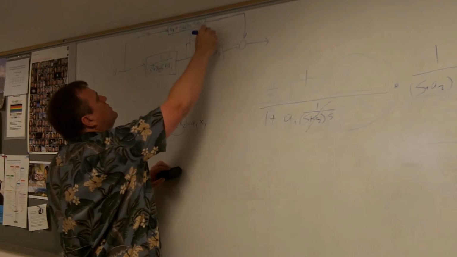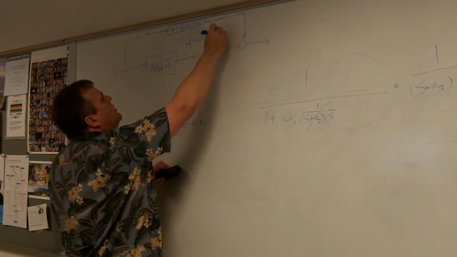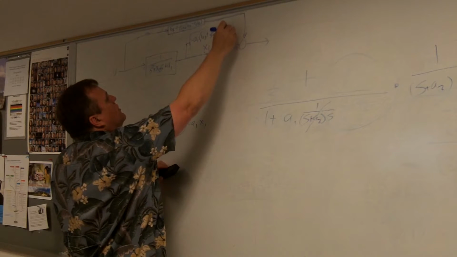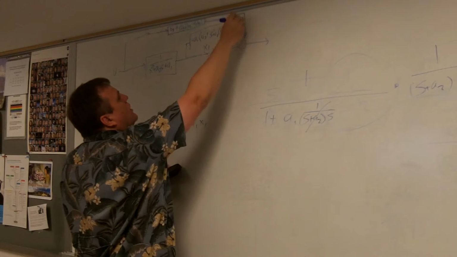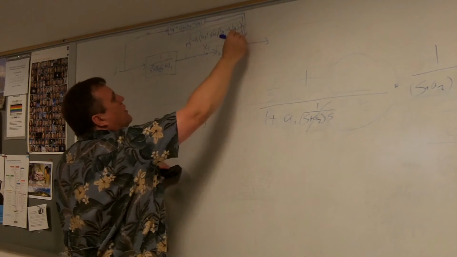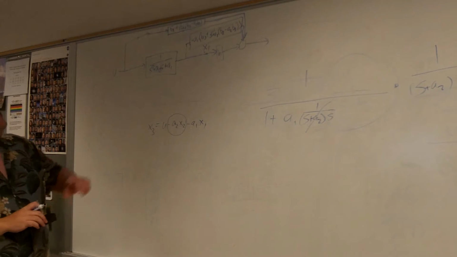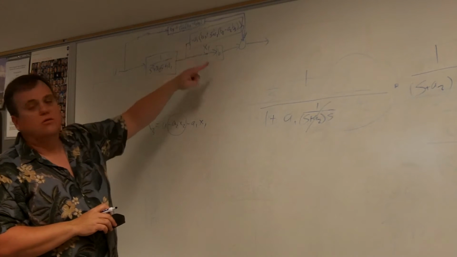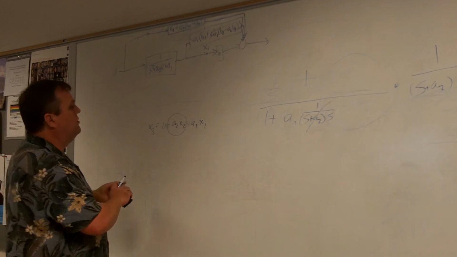B3 plus 1 over S plus A2. Fair? These two are now in parallel. So I can just add them in.